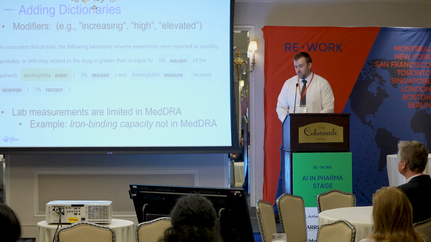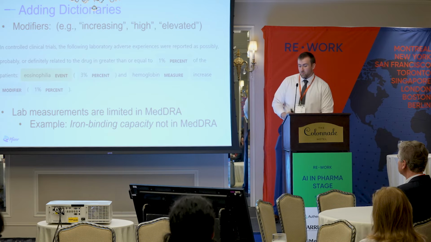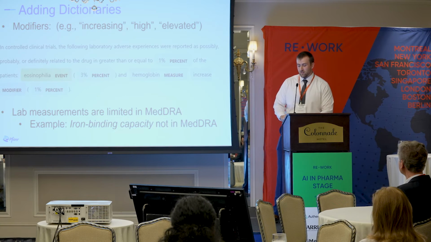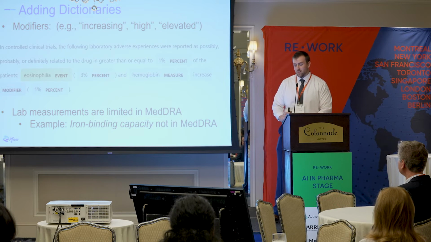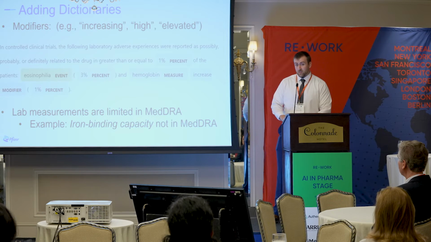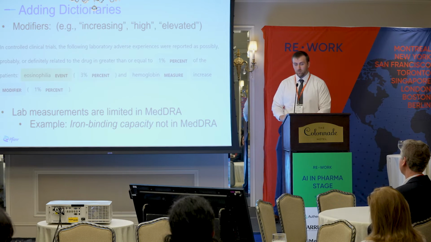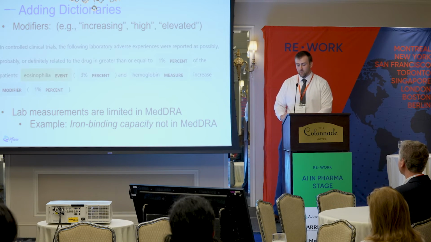In this case, pulled straight from an FDA drug label, we have an event tagged, the percents at which these occurred, a hemoglobin measurement, and an increase modifier. In general, these lab measurements are limited within MedDRA. For example, iron binding capacity is not actually within MedDRA and would be completely missed if you're relying on that method alone.